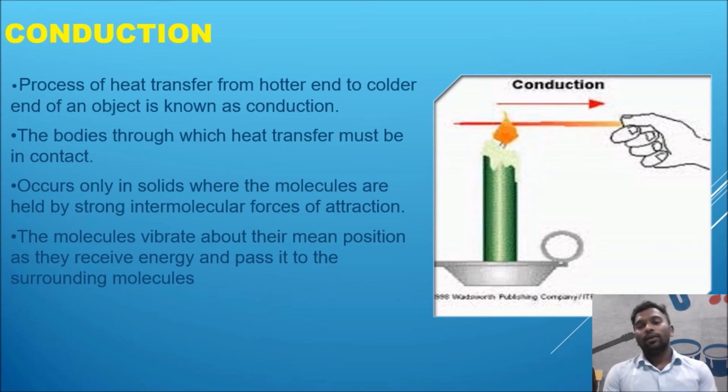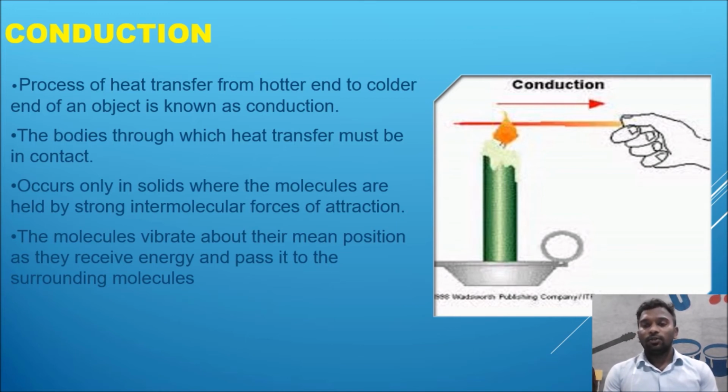You can see the image on the screen: a lit candle. A person placed a solid object, a metal object especially. After a few seconds, he can feel some hotness. In the process of conduction, the heat energy transfers from one end to another end and the person feels hotness.